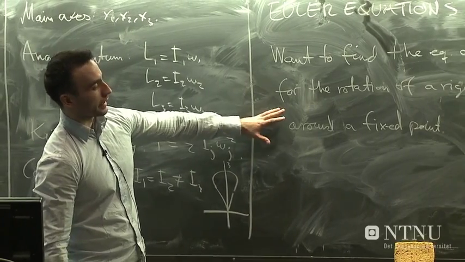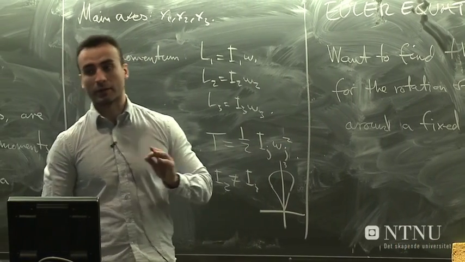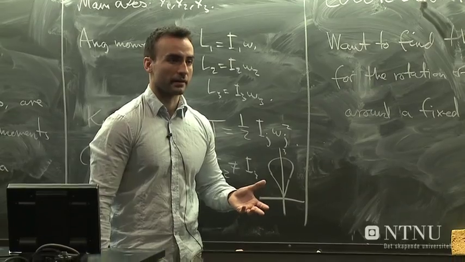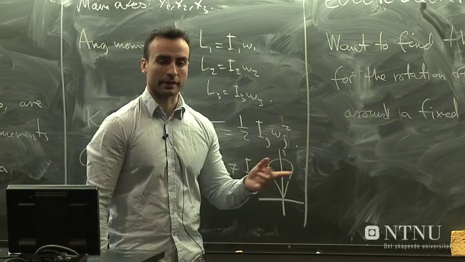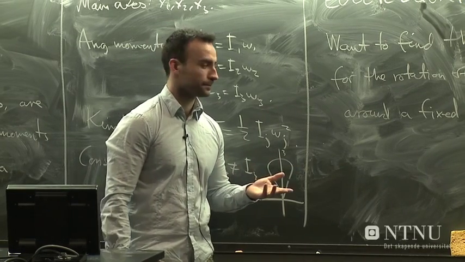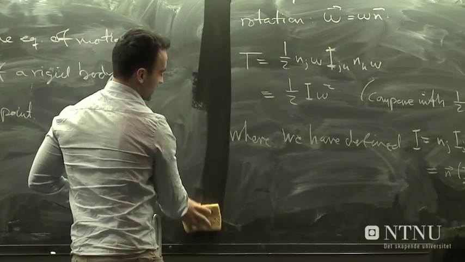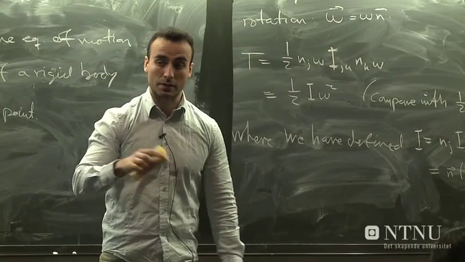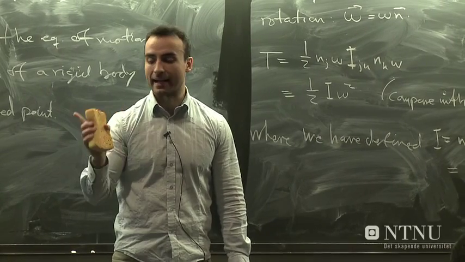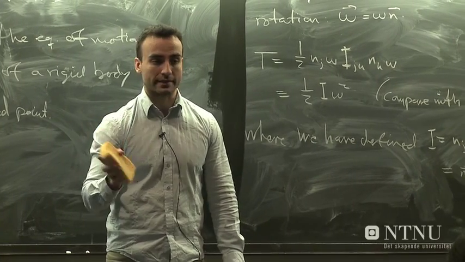And this is what I meant when I initially stated that we're going to have a look at the quantitative description of how a rigid body now moves under rotation. So the aim is to derive some equations which we can solve analytically to find out exactly how the body rotates in space.